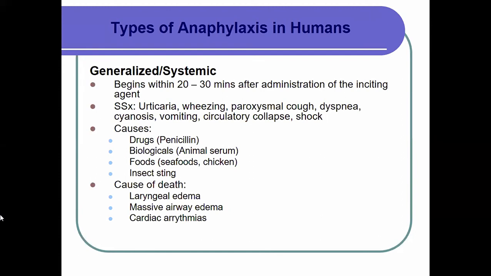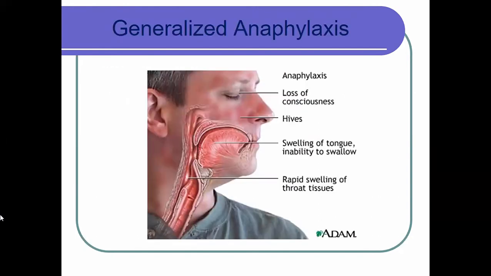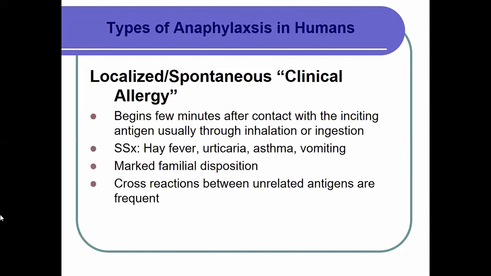Causes of death may be due to laryngeal edema, massive airway edema, and cardiac arrhythmia. So the cause of death would be arrhythmias. So that is the generalized anaphylaxis.